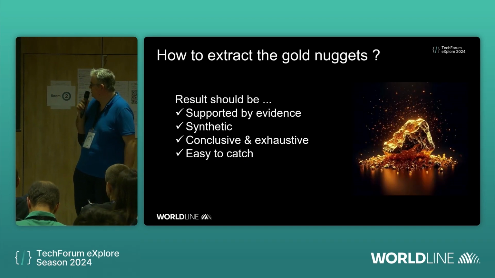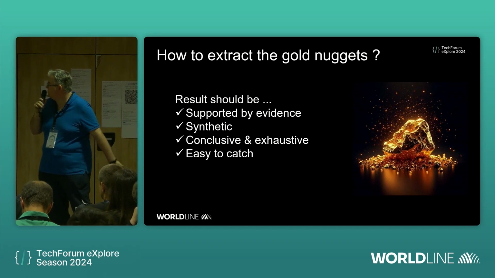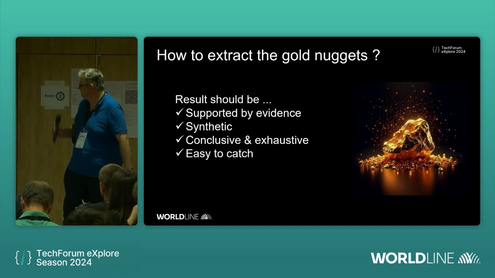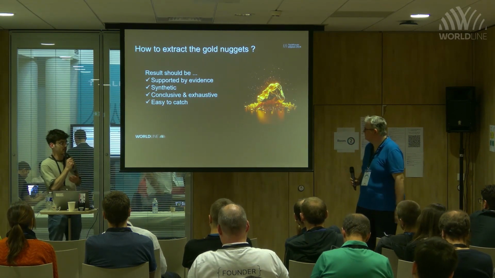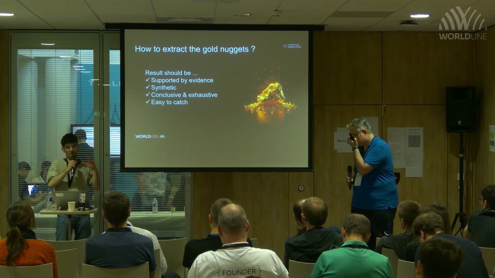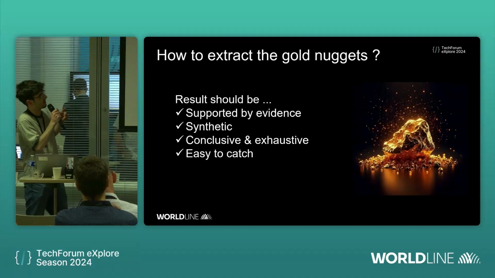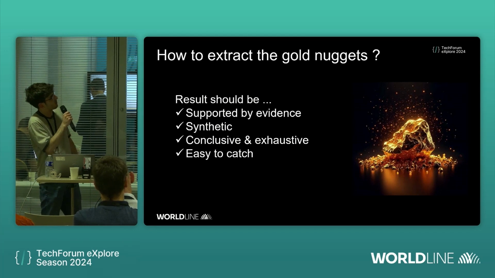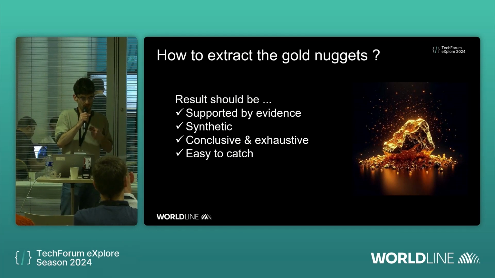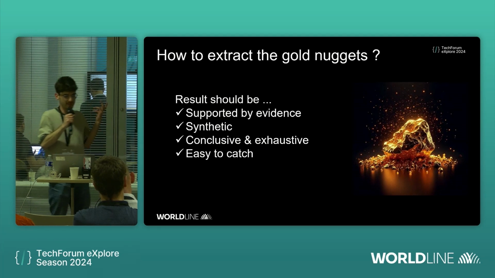Now you've got all the data you need. So next step, how to extract the gold nuggets. You've run your tests, and we're reaching the second-last step of the scientific method here, which is data analysis. You've got loads of data, you've got loads of results. You need to think, what are the important ones to look at? And whatever you choose, you have to be able to support it and back it up with proof and evidence. That's what all the data is for.